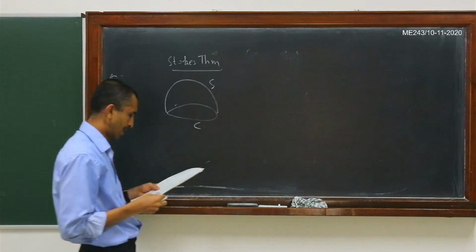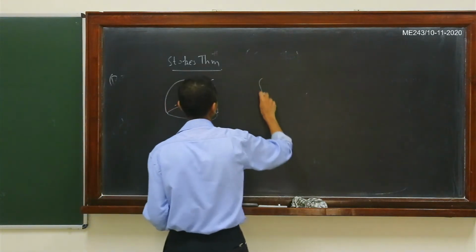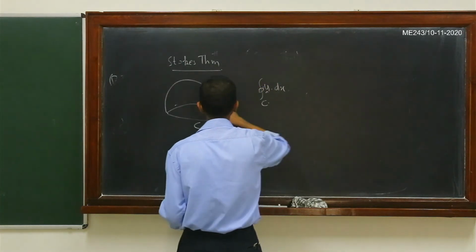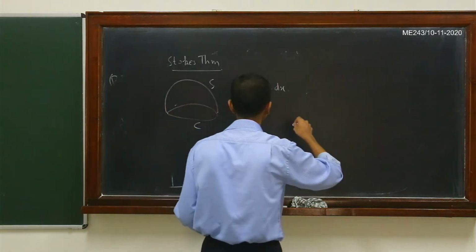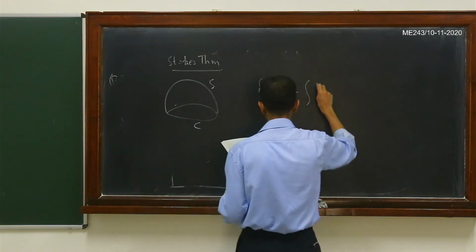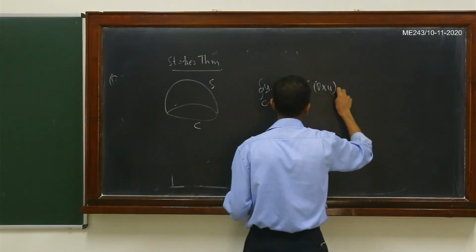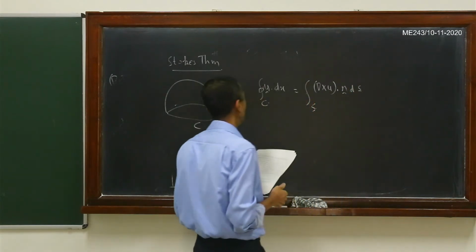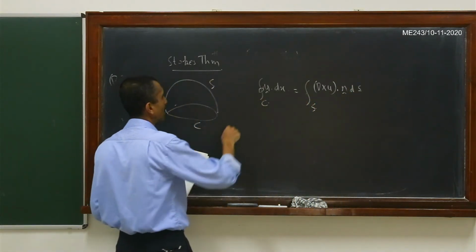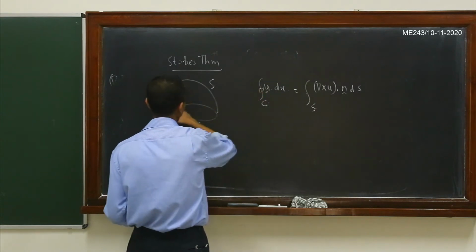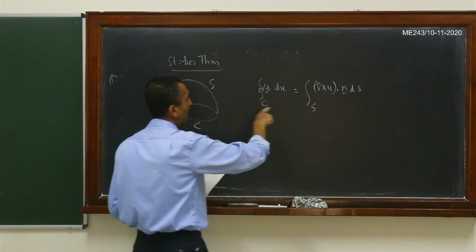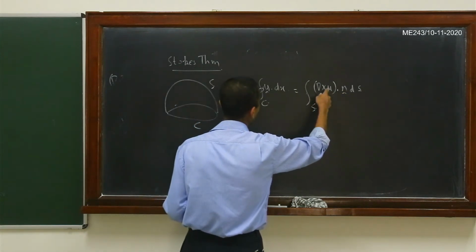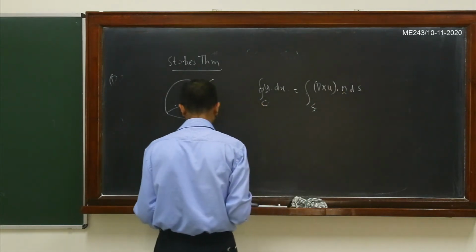Then you will get that the integral of u·dx over C, a contour integral, is equal to the integral of (∇×u)·n ds over S. So this is the Stokes theorem. Remember that this is a contour integral, and that can be converted to a surface integral, that is ∇×u, which is the curl of u, dot n ds.